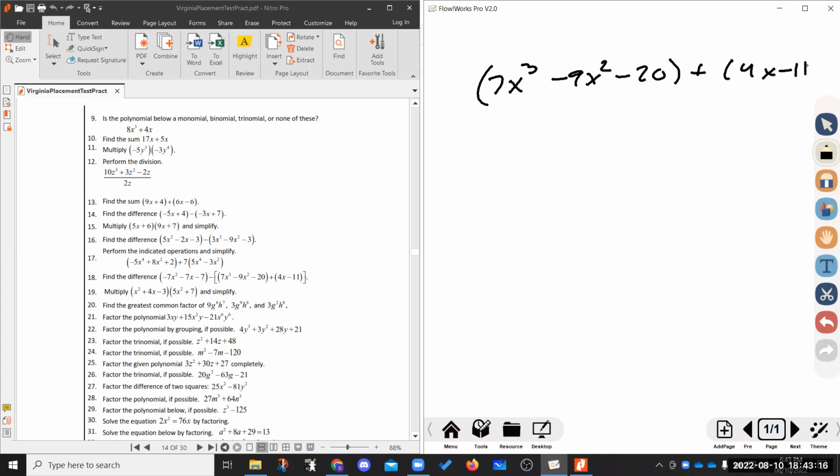That's the thing that I'm subtracting from the original. So this is 7x to the third minus 9x squared plus 4x minus 31, right? I'm going to subtract that, so I need opposite signs.